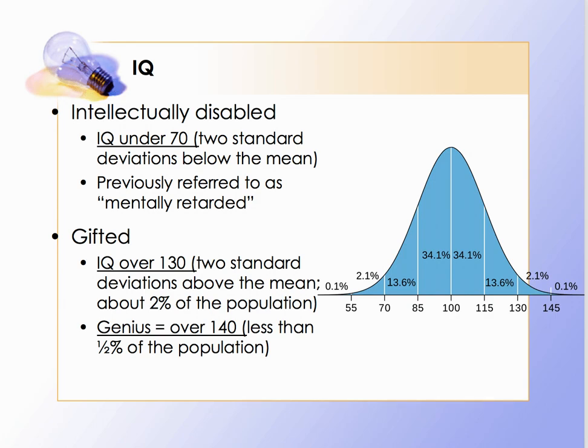So cognitive ability would be looking at like that IQ point, and then adaptive ability is looking at an individual's capabilities of living independently, of taking care of themselves, of remembering their phone number, where they live, how to brush their teeth, all these types of things that we need to do to adapt to our environment to survive independently.